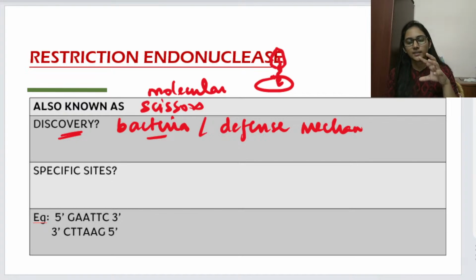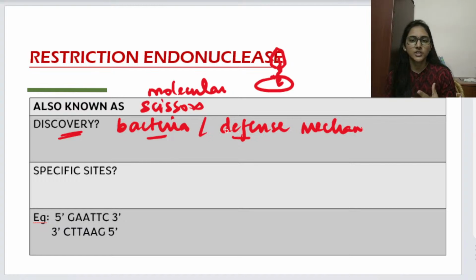Once the gene of this bacteriophage enters, the bacteria starts producing restriction endonuclease that will go and cut the phage DNA and protect itself. So that is considered a defense mechanism.